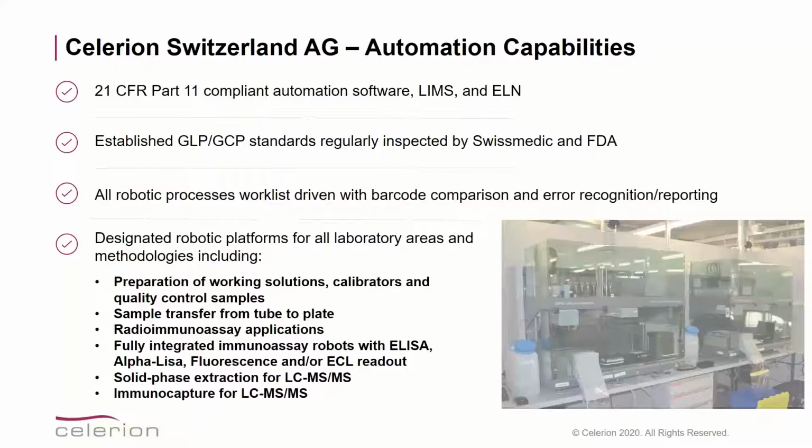With our approach of worklist-driven and barcode-checked processes, any loading errors can be excluded and a maximum of traceability can be guaranteed. All our lab areas are equipped with designated robotic systems. Even the radioimmunoassays are handled using robots. The majority of analytical instruments, especially for immunoassays, have been integrated, including very special ones like AlphaLISA readers.